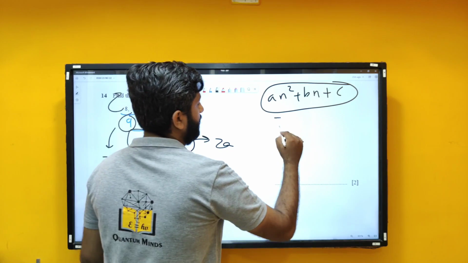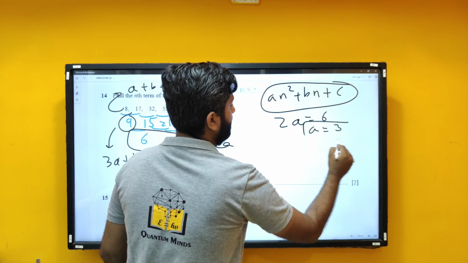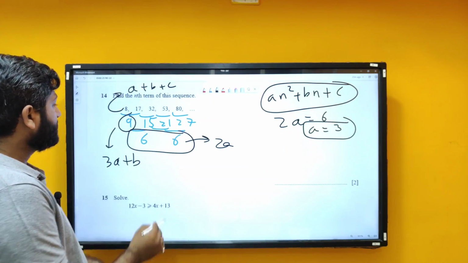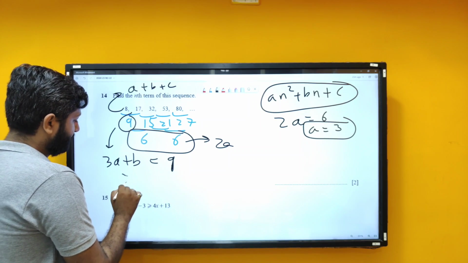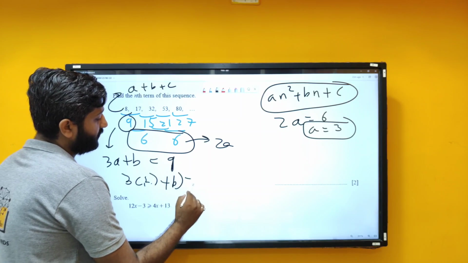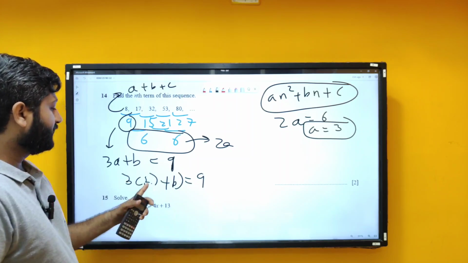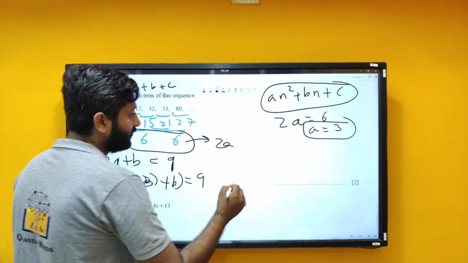So we have 2a equals 6, therefore a is 3. 3a plus b equals 9, so we have 3 into 3 plus b equals 9. So 3 into 3 is 9, right? So b is 0.